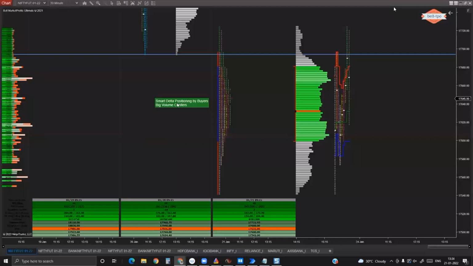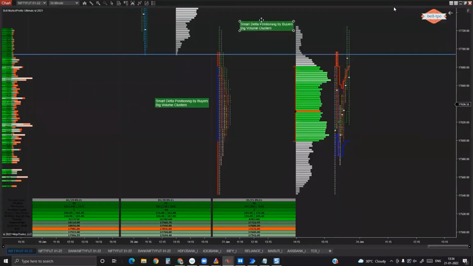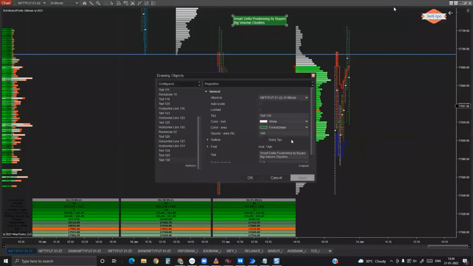Despite everything, one positive thing happened today here: big volume clusters, a huge volume cluster, and smart delta positioning by the buyers. These are the two things we are seeing. Still, price is trading in that range only, right? But despite that, what is not good right now is that it is doing more of a breakout failure.